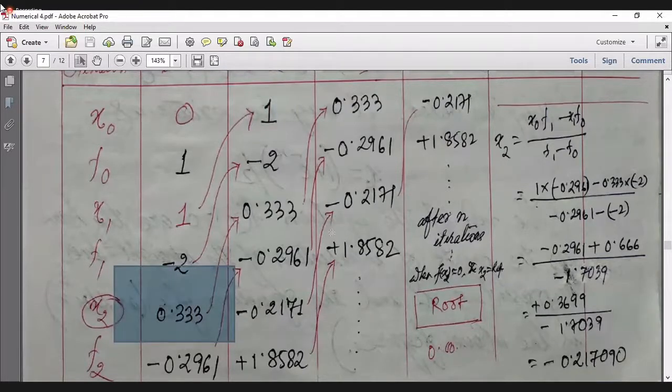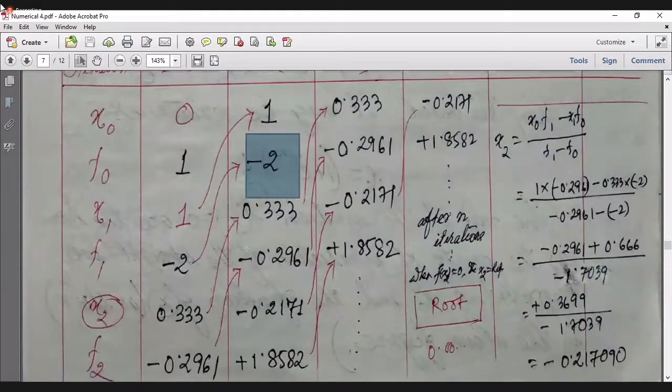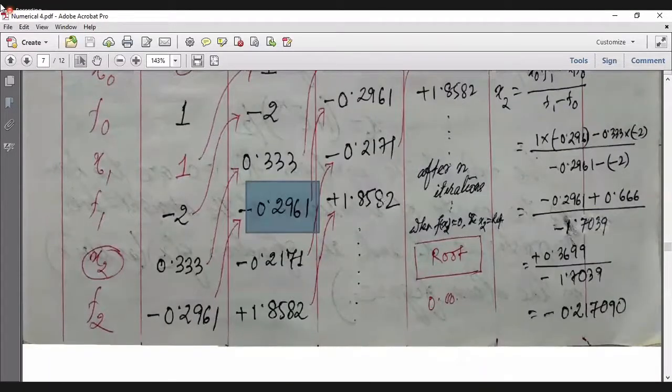Then we know x0 and x1, so you calculate again f of x0 and f of x1. Then again you calculate x2, then f of x2. Similarly, we are going to proceed in this way.